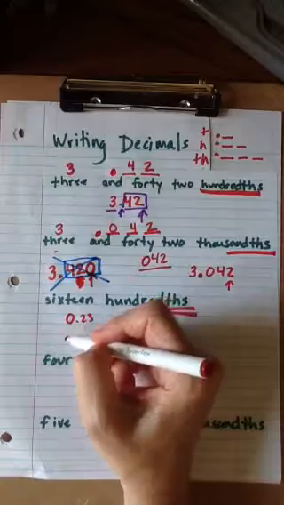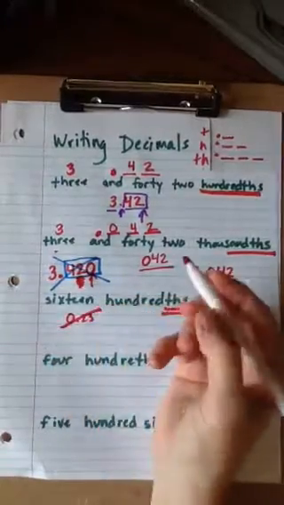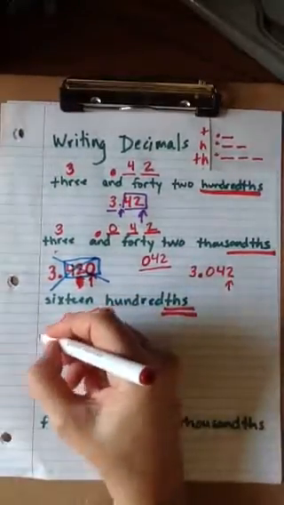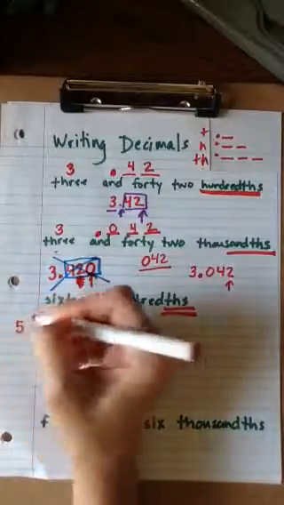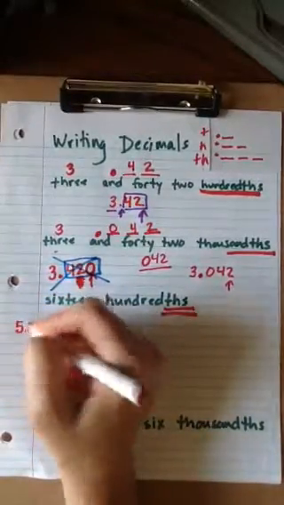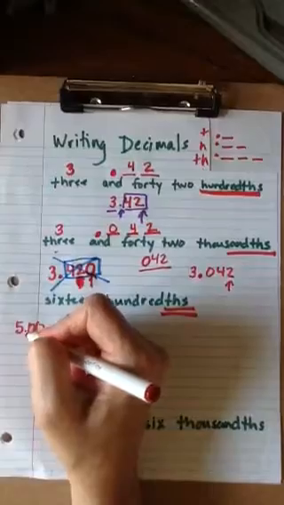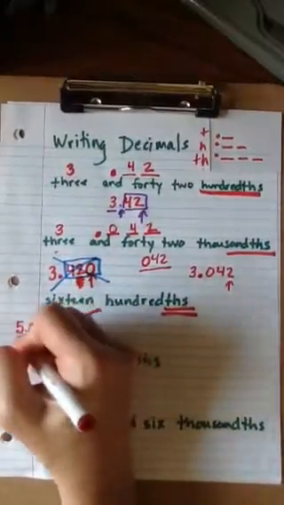Oftentimes you will just say 23 hundredths, okay? It's sort of like if I have $5, I might just say I have $5, not I have $5 and no cents, all right?